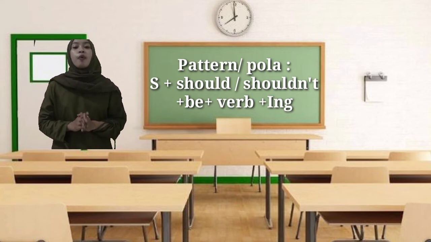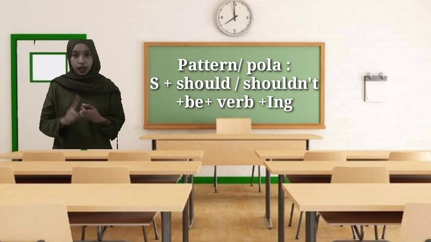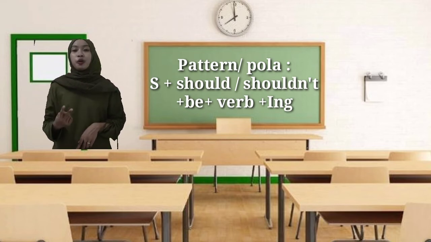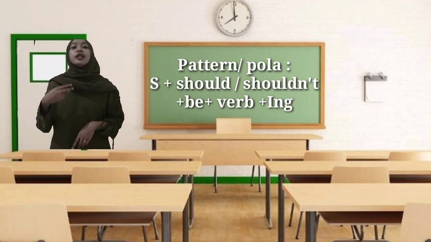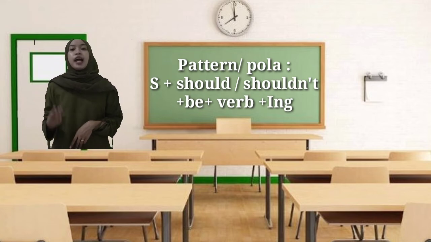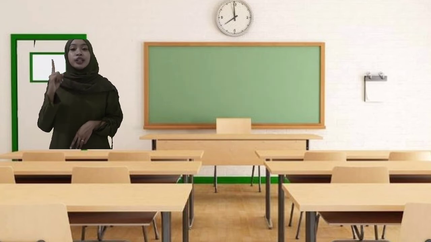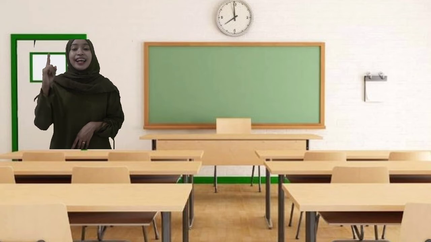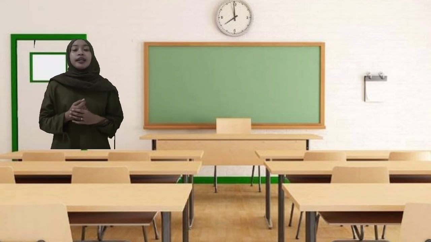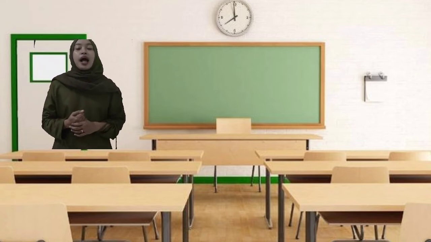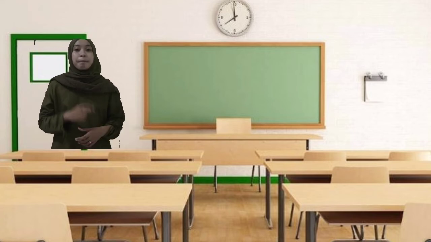Jadi, polanya adalah subjek diikuti dengan should or shouldn't, diikuti oleh be, dan diikuti oleh verb, dan ditambahkan ing. Remember that continuous adalah kuncinya verb plus ing. Kalau simple menggunakan verb 1.